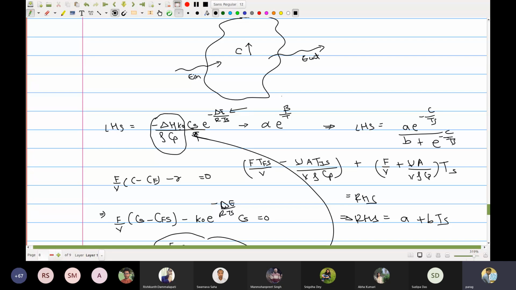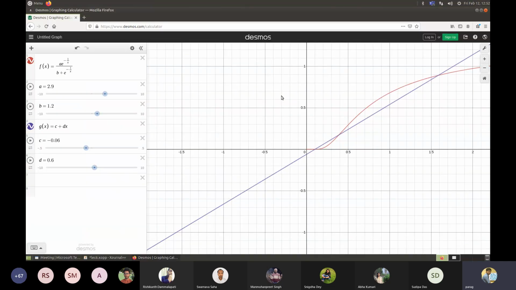Even if a change in temperature of 10 degrees centigrade will not change your density drastically, it will change your reaction rate almost to double. So you can never expect this particular non-linear curve to go to linearity.